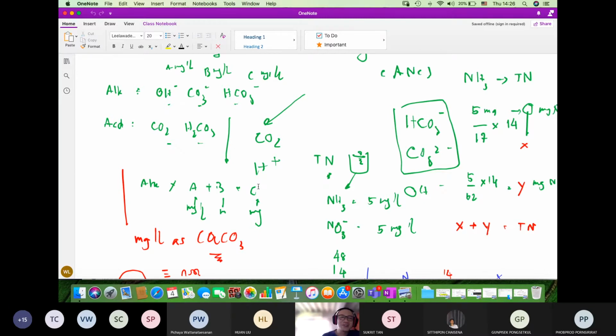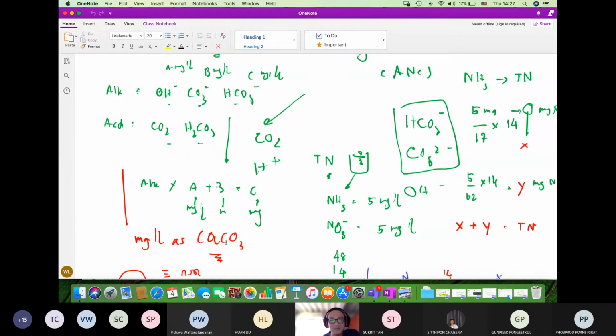What we normally refer to is calcium carbonate. So we convert these into milligrams per liter as calcium carbonate. So how do we convert it?